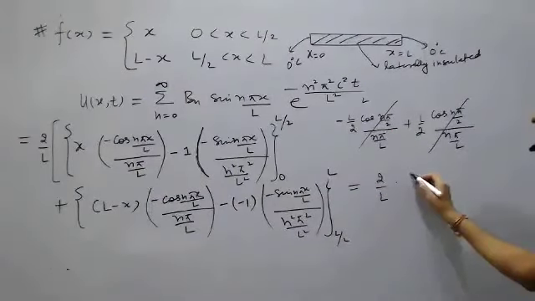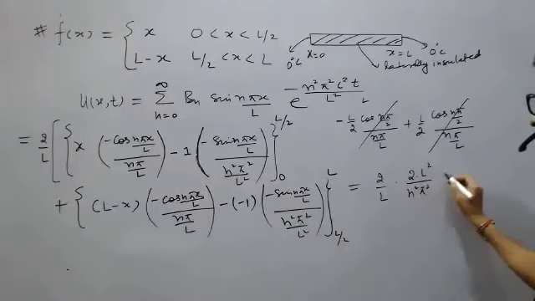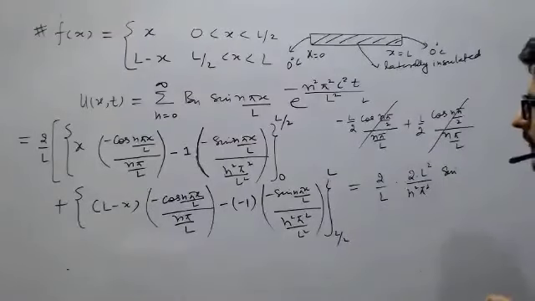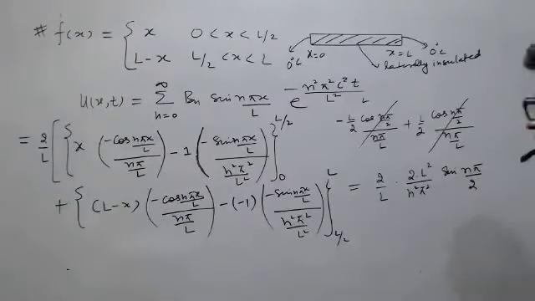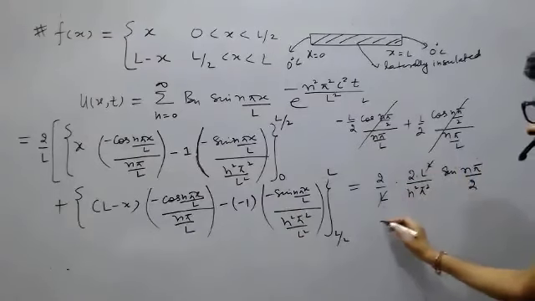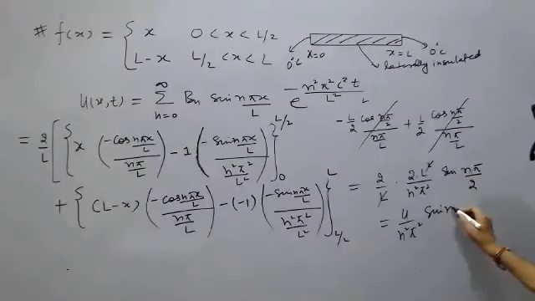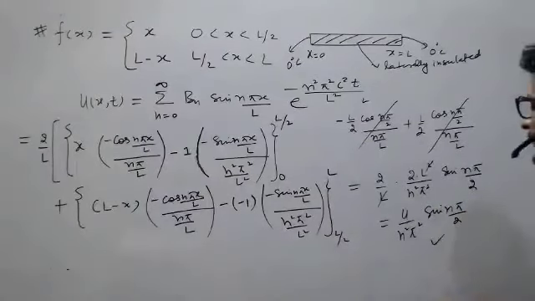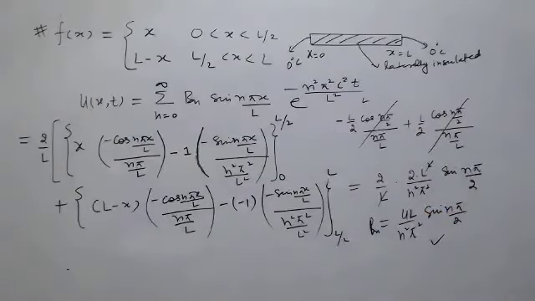It will become 2 times L square by n square pi square sine of n pi by 2. Okay, so one L will be cancelled and it will become 4 by n square pi square sine of n pi by 2. So this is the value of Bn. 4L will come, no? 4L by n square pi square sine n pi by 2.